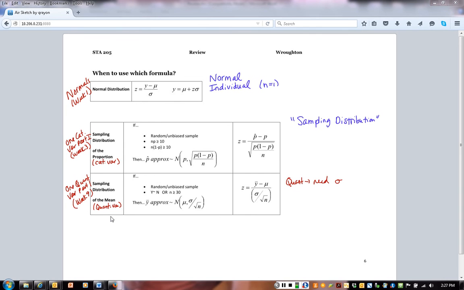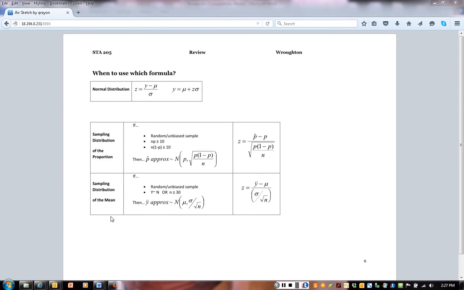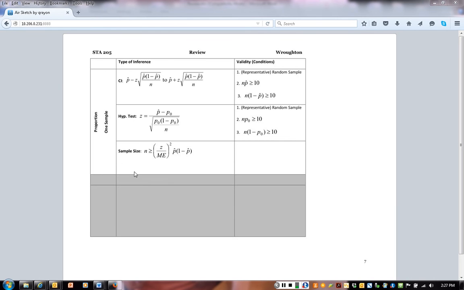Then the majority of our other formulas look at the hypothesis testing and confidence intervals that we did. And they're broken into pieces. The first main chunk is for proportions of one sample. What that will mean is that we are working with one categorical variable. This is going to be both the part 2 and 3 notes.